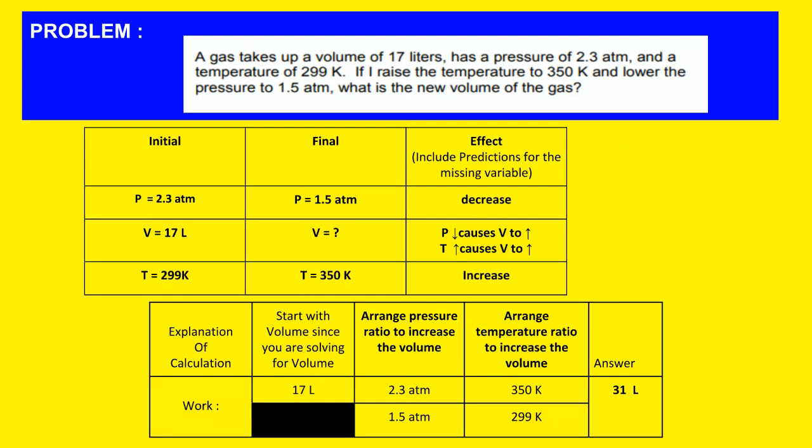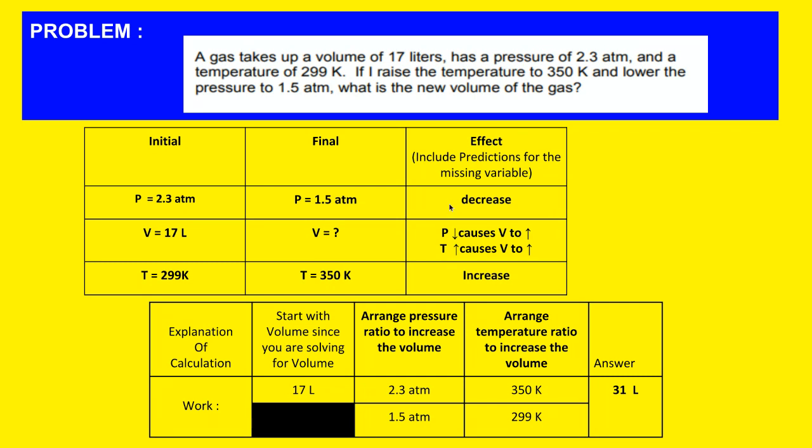In our workbooks, we have set up this chart for students to complete. We put in the initial values from the problem into the table. We put the final values for the problem into the table, placing a question mark for what we're trying to solve for. In the effect column, I include also predictions for the missing variable. What does that mean? Well, we can see that pressure from the initial to the final conditions decreases.